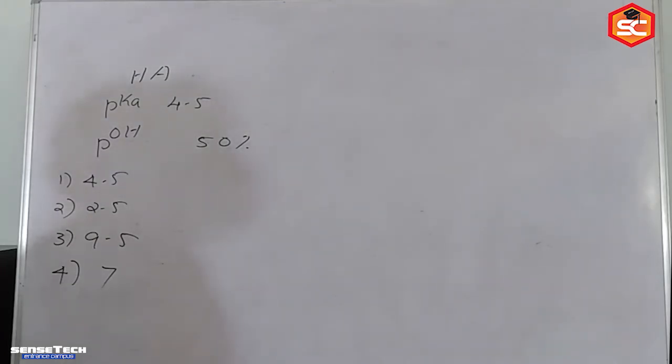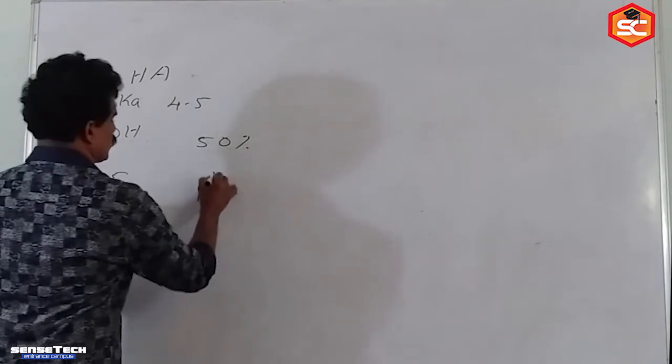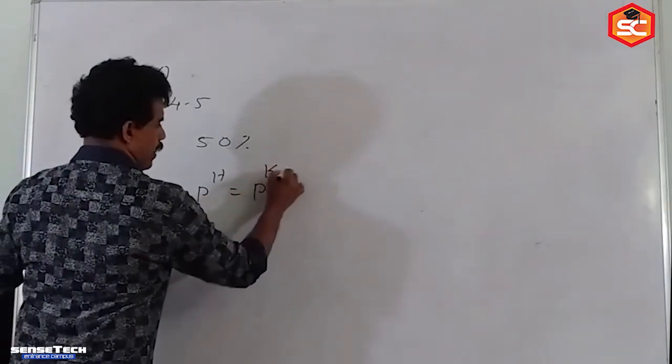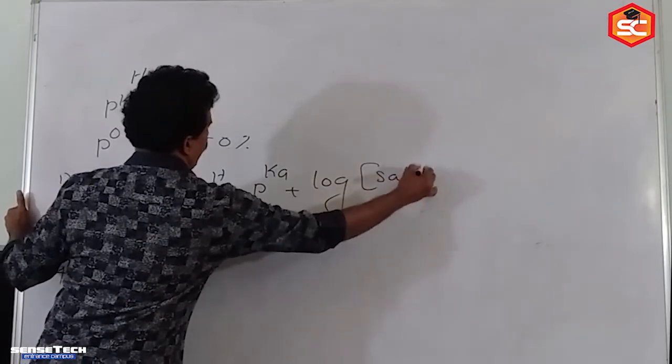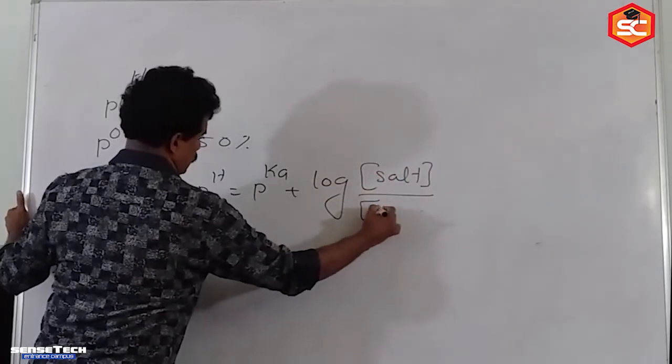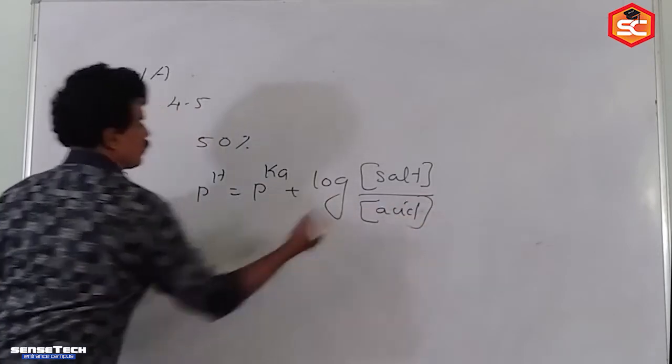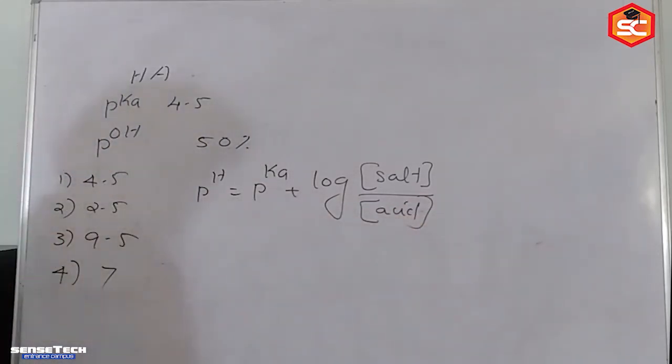Okay. Here also they mention buffer solution. What is the buffer solution? pH is equal to pKa plus log concentration of salt by acid. The acid is mentioned as HA. pKa plus log salt by acid. Then pKa is given. What is pKa? 4.5, plus log salt by acid. What is the ionization? 50% is ionized.